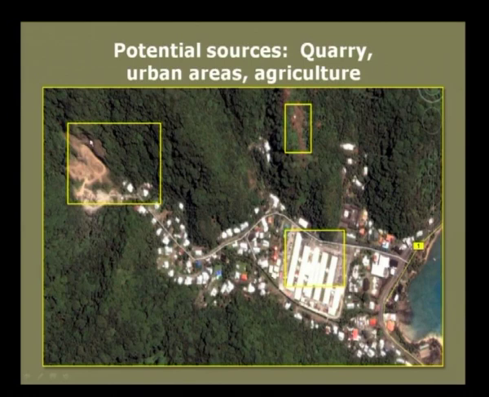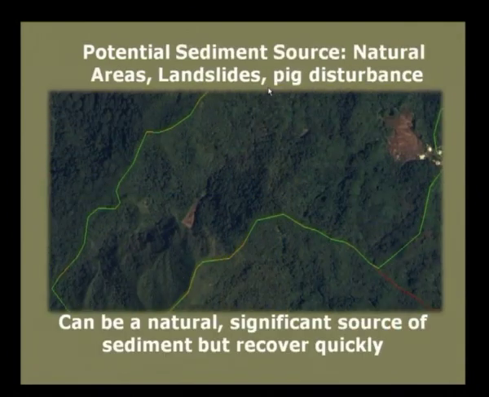All this sediment is coming and getting sedimented here, so the quarry waste, agricultural waste and the urban areas are one cause for the potential source. And another potential source is landslides and the peak disturbance.